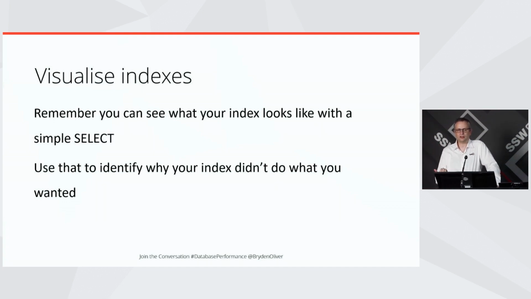Try and visualize that index and try and run a query in your head using that index and go, oh, I see. I've got the 2 columns around the wrong way, or something like that. Or it needed that other column first as the first step of the process, and I forgot to put that one in. It's generally quite easy to see it when you visualize the query and actually try and do it yourself.